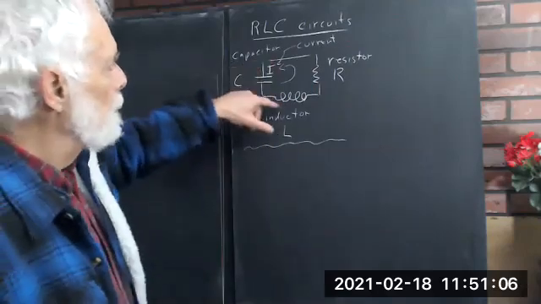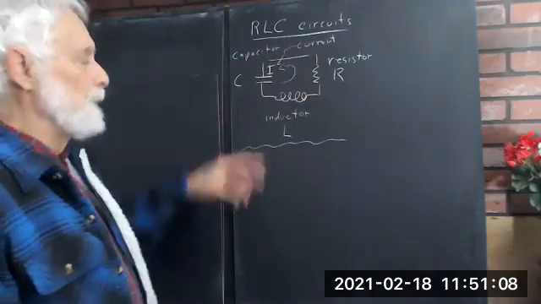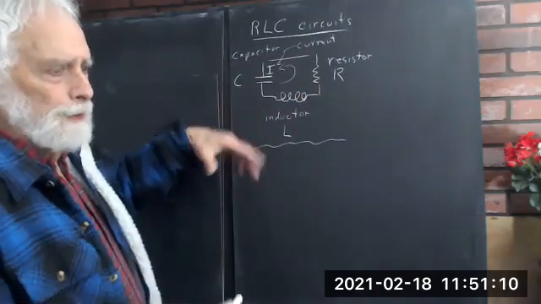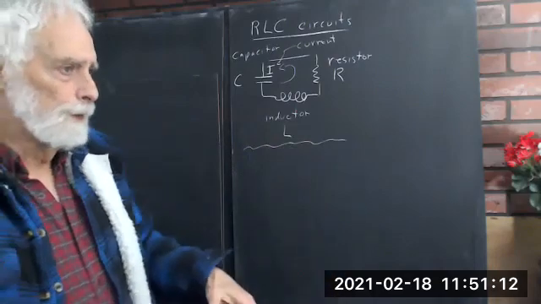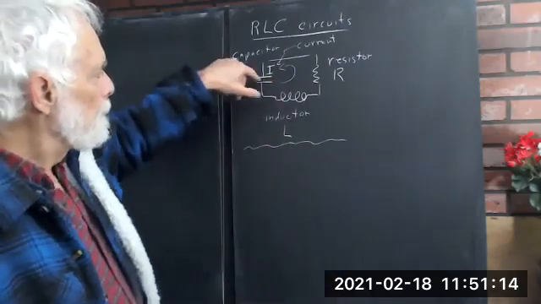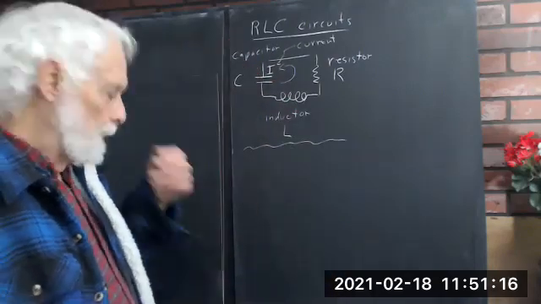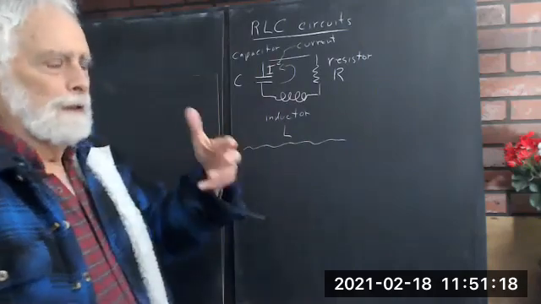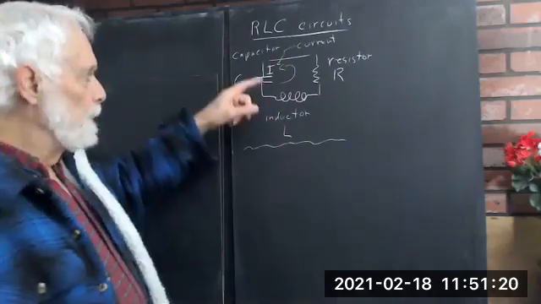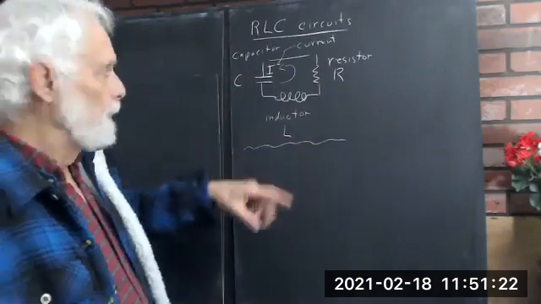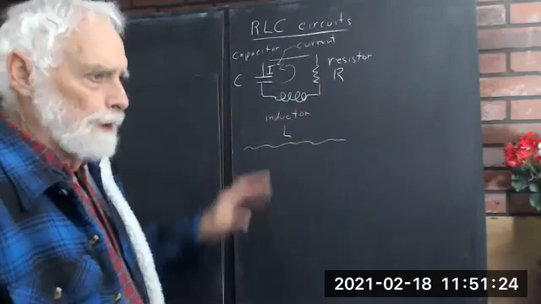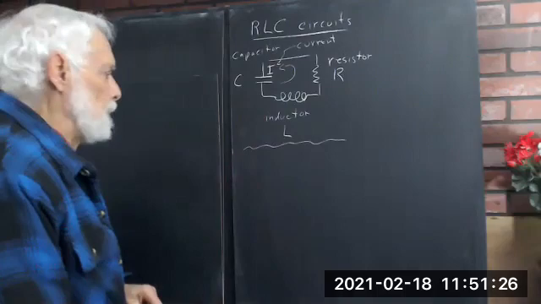Everywhere in this particular circuit that isn't in parallel with some other part of the circuit, the current is going to be the same. Typically in a bigger network you'll have different currents in the different components, but let's just look at this one real quickly.